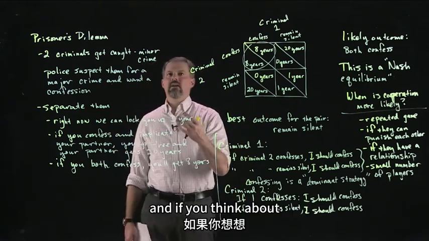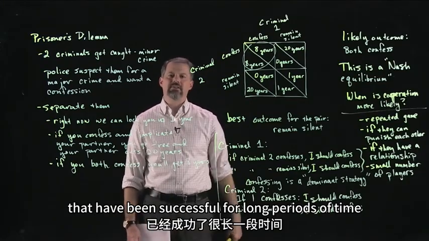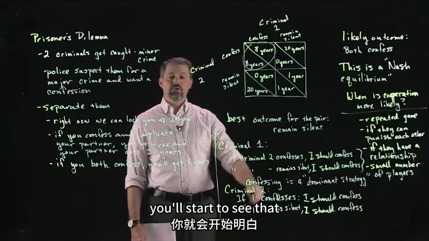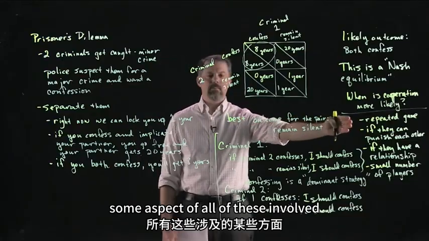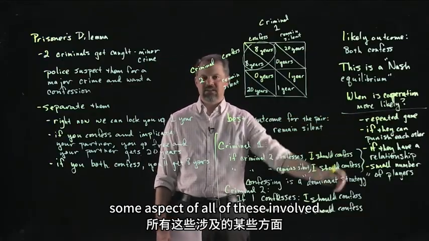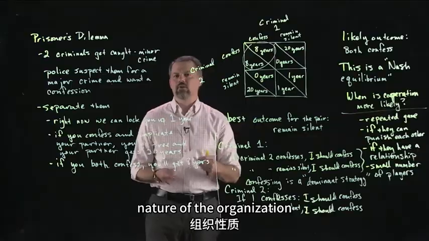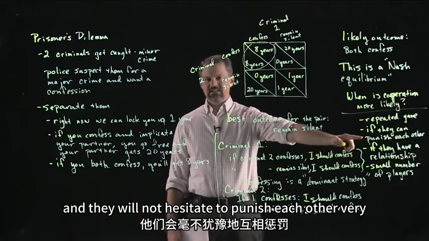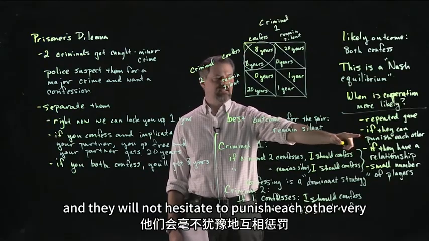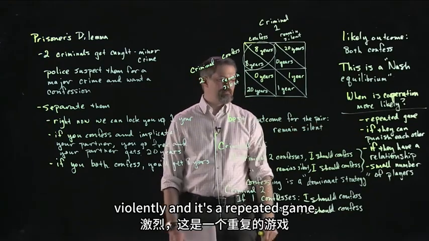And if you think about, say, criminal organizations that have been successful for long periods of time, you'll start to see that those criminal organizations have some aspect of all of these involved. They will emphasize the family nature of the organization, and they will not hesitate to punish each other very violently, and it's a repeated game.